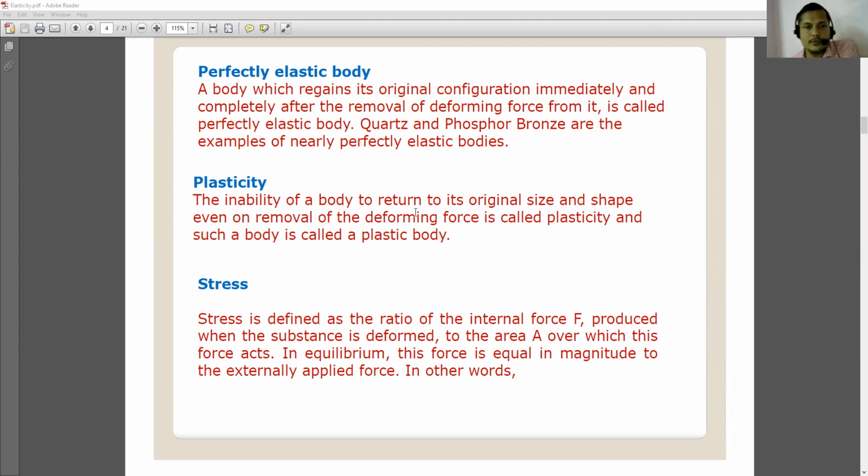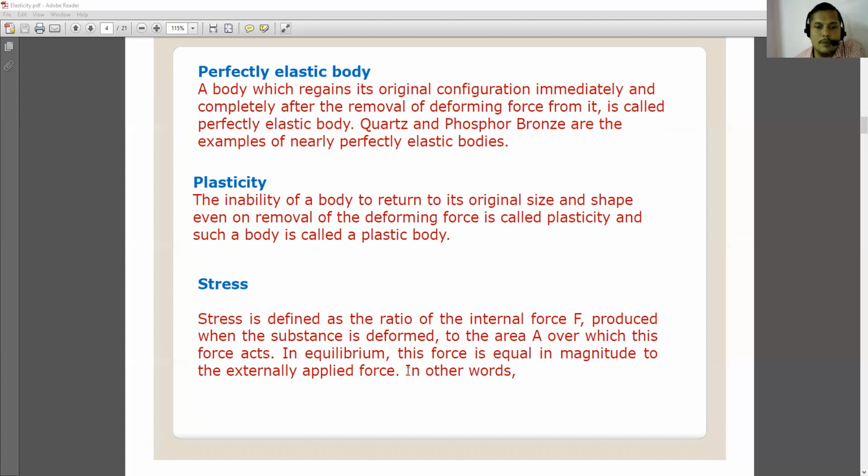Okay, the stress म्हणजे काय, stress is defined as the ratio of the internal force capital F produced when the substance is deformed, that is capital F, to the area capital A over which this force acts, divided by capital A, that is the area.